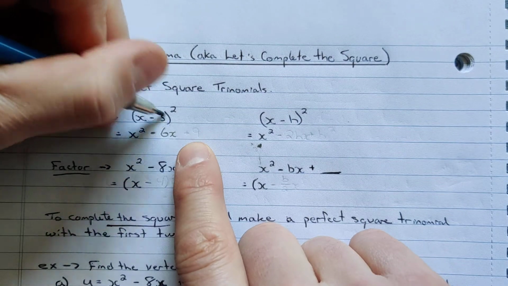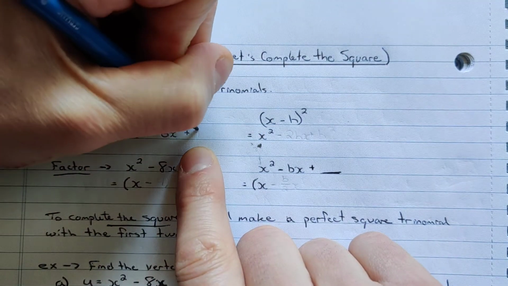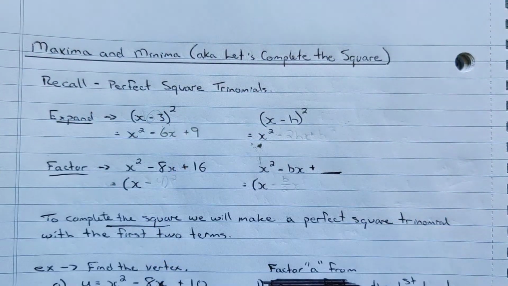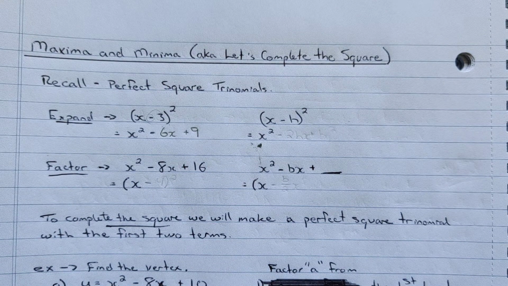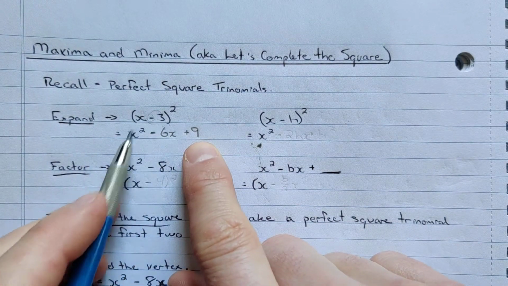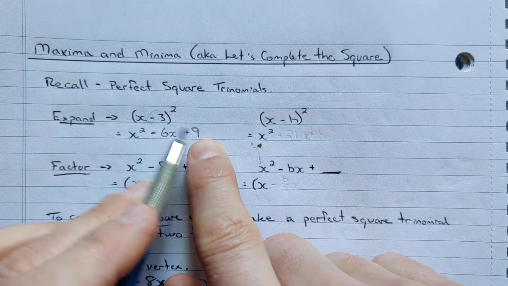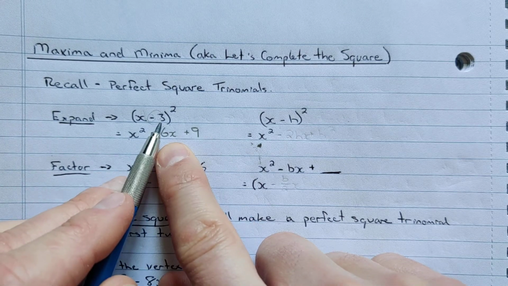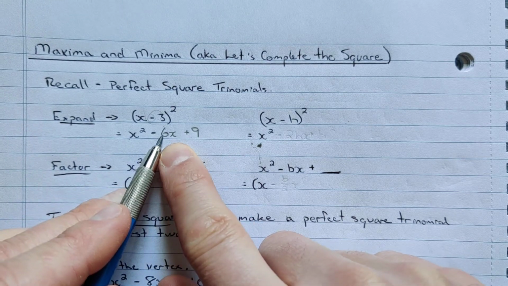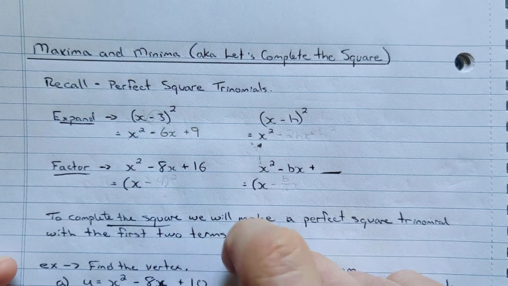And the last term is this number squared. You will get the same result if you write this out twice and FOIL it out. But x squared, negative 3 squared, negative 3 times x times 2. That's where those three terms come from.